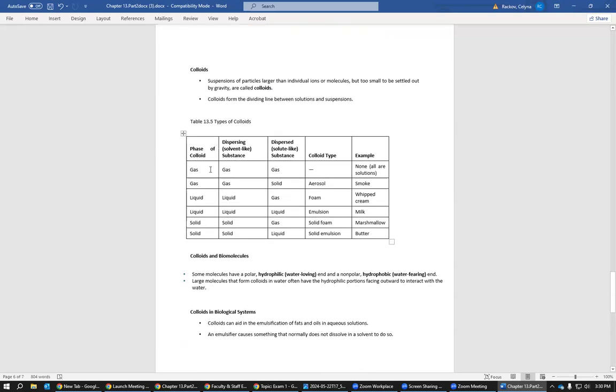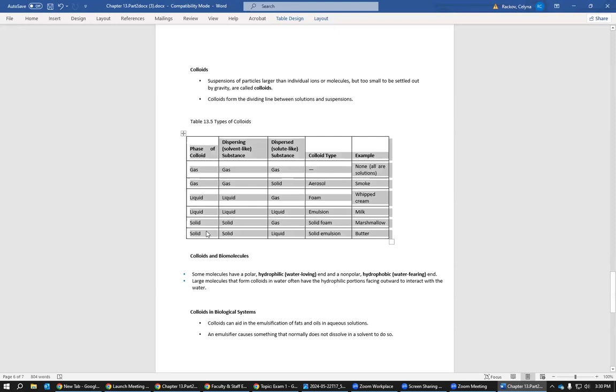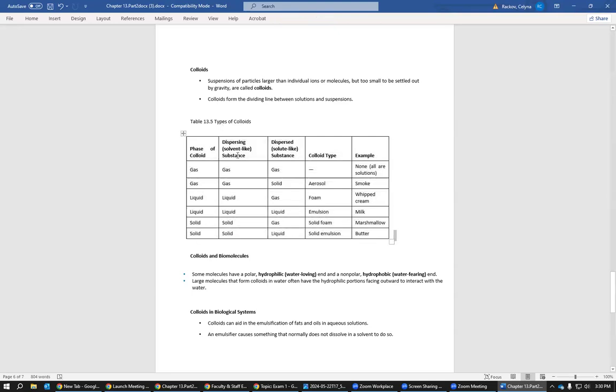Types of colloid: you have the phase of the colloid, gas, liquid, solid. If the solvent is gas and the solute is gas, we will not have a colloid here. There is no example. If both are gas, you have a solution.